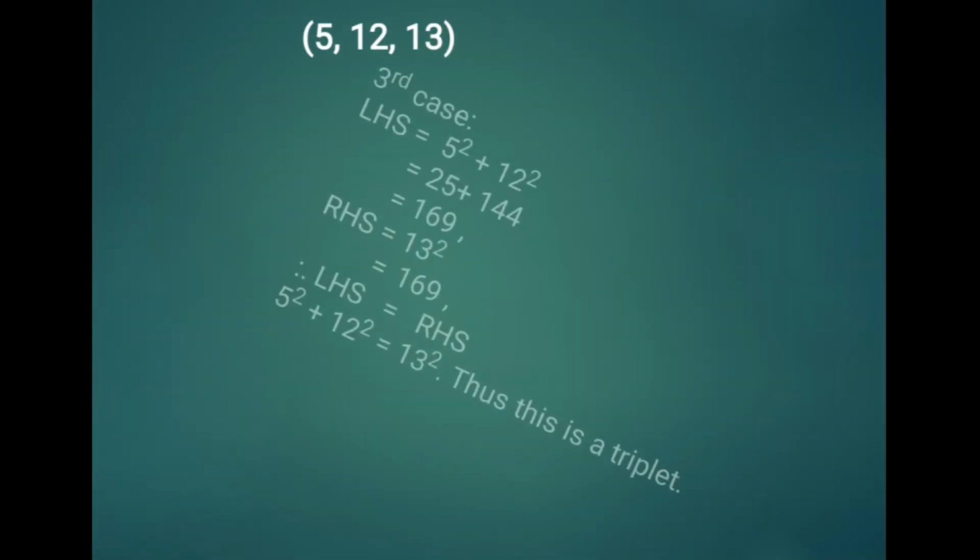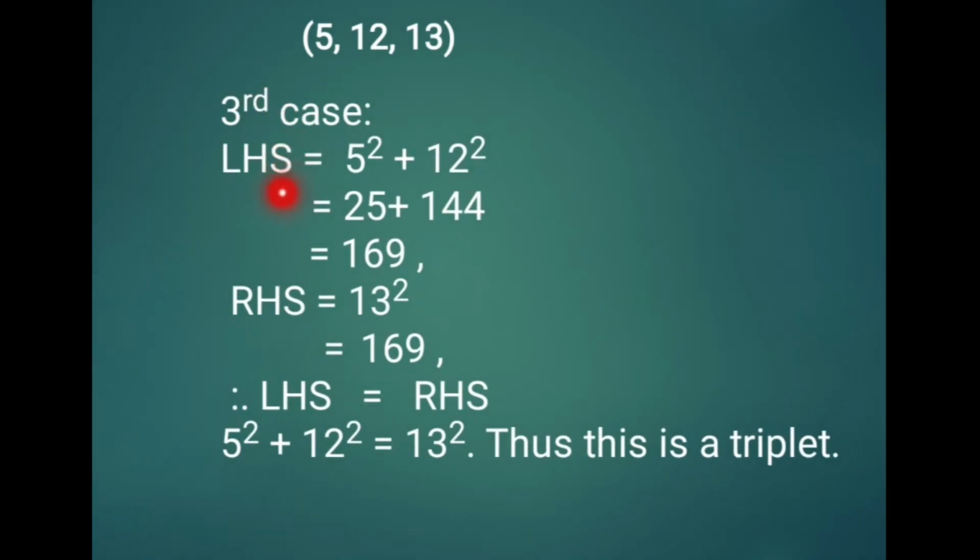Next example, numbers are 5, 12, 13. So the lower numbers are 5 and 12 and the greatest number is 13. So in LHS we find the squares of 5 and 12. So 5 square is 25, 12 square is 144.